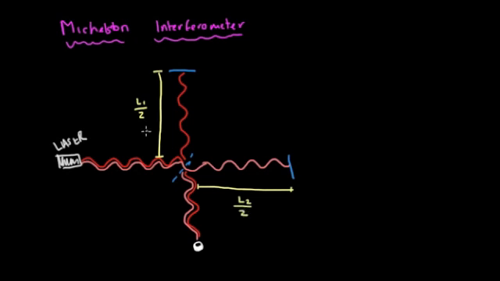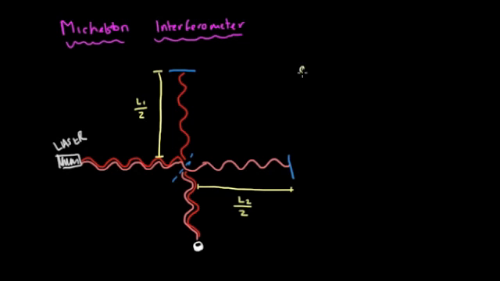And the reason I'm calling it over 2 is because really it's traveling this distance twice. It has to go up and back, and so in the full round trip, it's going a full L1, and this is really a full L2. And so I want to define a couple of cases here.